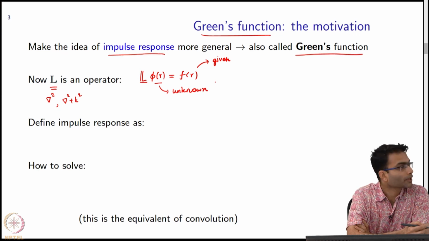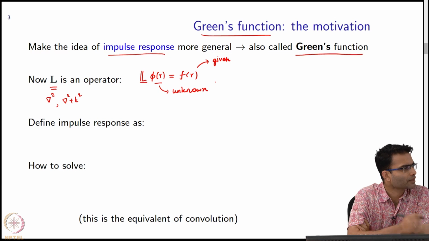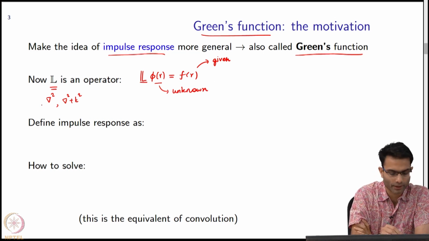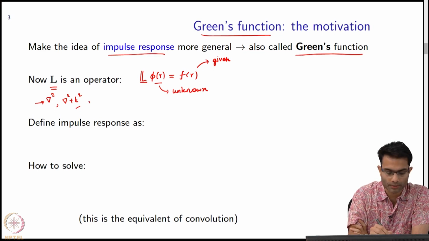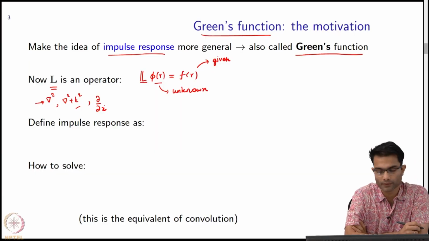What is the L operator? L is any general operator, we are not getting into the specifics of it. It can be any differential operator, plus some constants or whatever, we will keep it as general as possible.